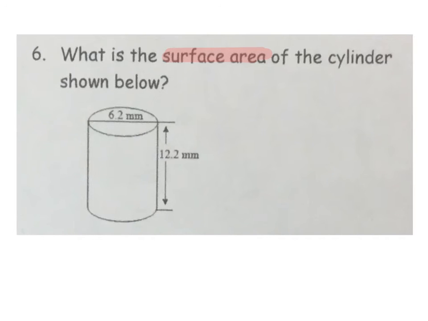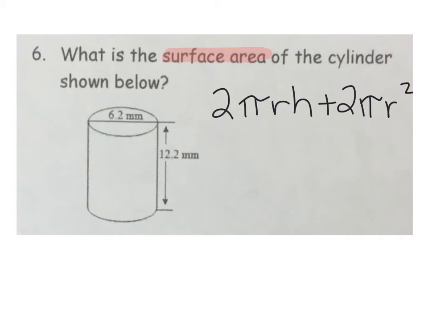Surface area is 2 times pi times the radius times the height plus 2 pi r squared. All right, so the radius, remember on here, we have to divide that 6.2 because that's all the way across, so it's going to be 3.1. All right, there you go.